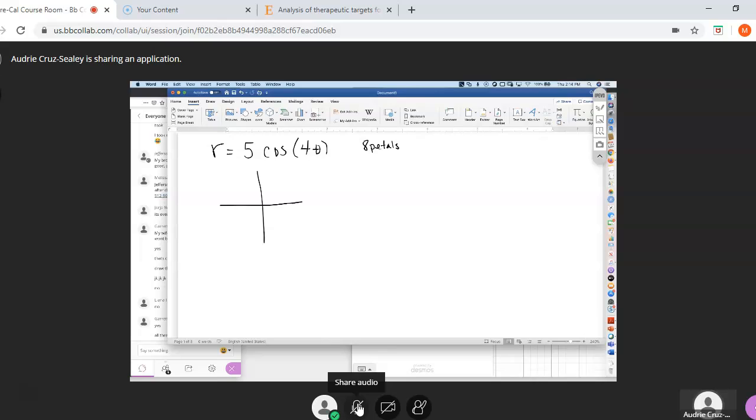It is not symmetric about the x-axis. Do you see that? If you rotated that 180 degrees, it wouldn't be the same, because you would have this loop on the bottom, right? Yep.